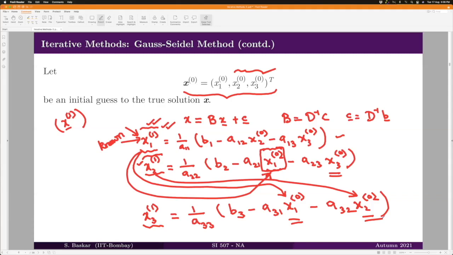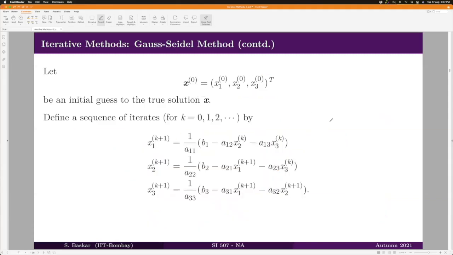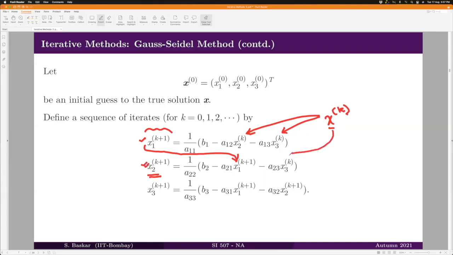Let us now pose the general formula for the Gauss-Seidel method in the case of a 3 by 3 system. Given x^k vector, that is the kth iteration, you go to find the k plus 1th iteration. In that, the first component uses fully the information from your previous iteration. Once you obtain x1, then x1 will be plugged in the place of x1 of k on the right hand side while computing x2, whereas x3 at this time we don't know, therefore you will take the information from your previous iteration.